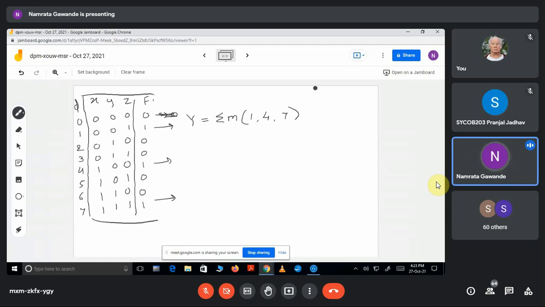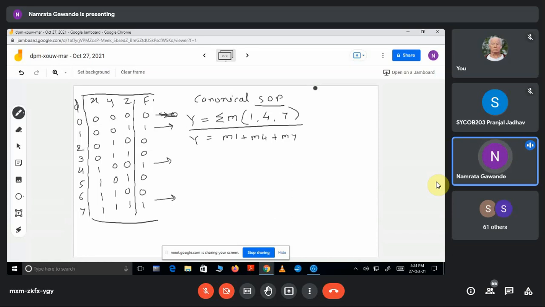If it is required in expression form, in that case you can write another form. But if you want to find the canonical SOP form, this short form is known as canonical SOP form. One more way to write it: M1 plus M4 plus M7, right?